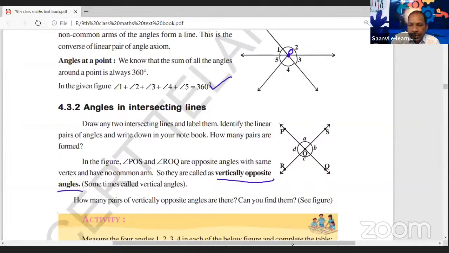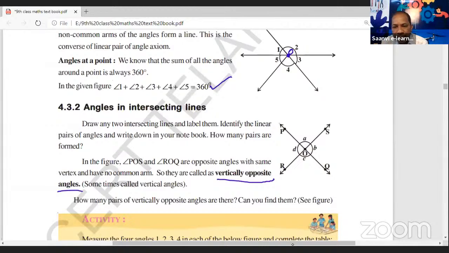See, observe this figure. If we observe this figure, see angle A quite opposite, what angle is there? Angle C is there, no? So A and C are vertically opposite angles. And if we observe angle B opposite, what angle is there? Angle D is there.